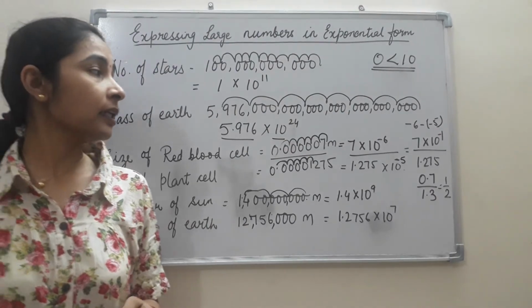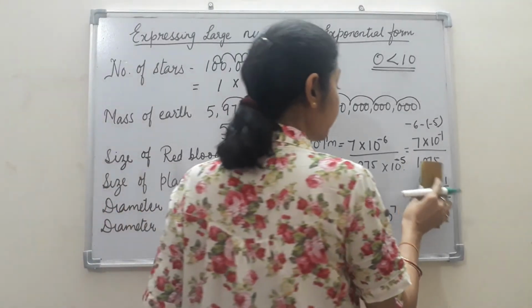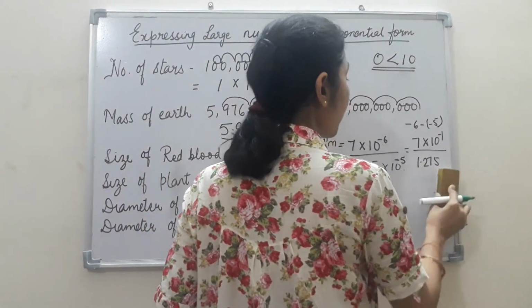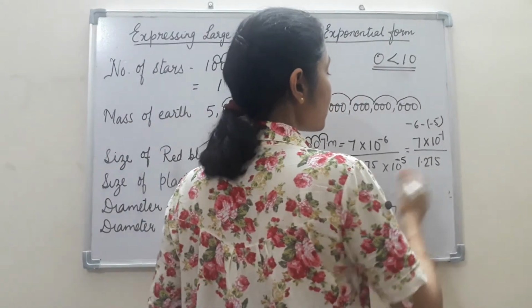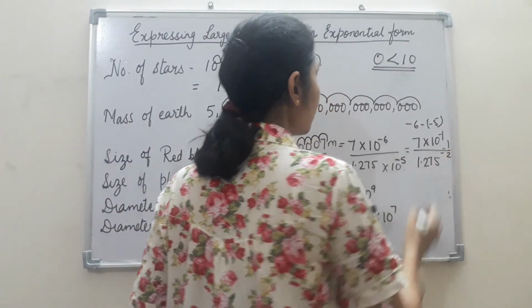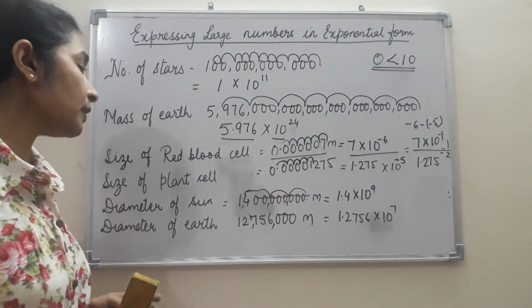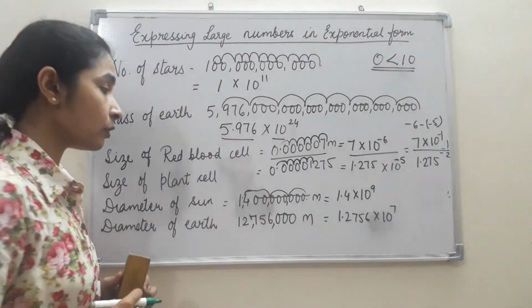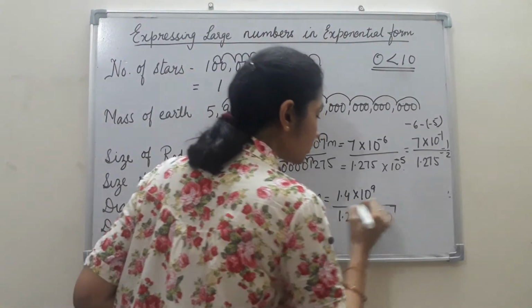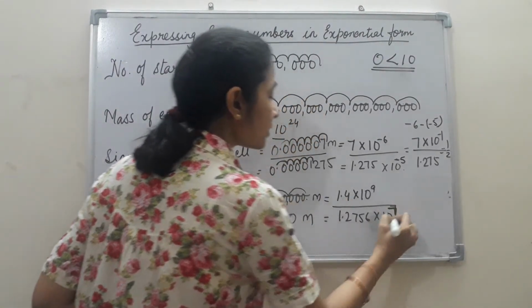Now similarly, if we are asked to compare the diameter of the sun with the diameter of the earth, then how can we do that? Similarly we can do here also, just divide it.